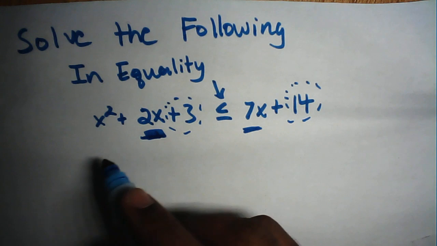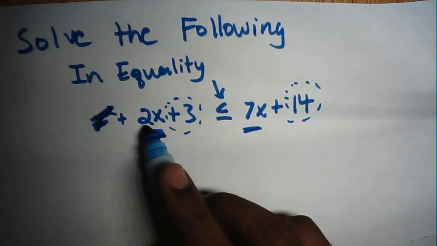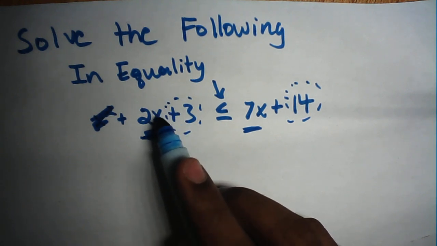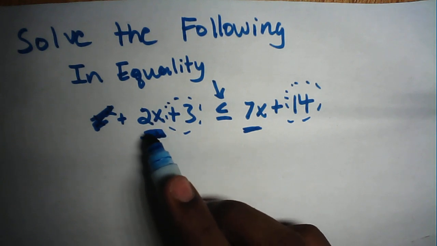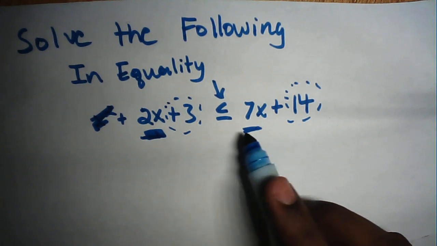So that can't go together. But what we have here is 2x, which has no power written, which means it is always to the first power. Now we also have the 7x here, so these can actually go together.